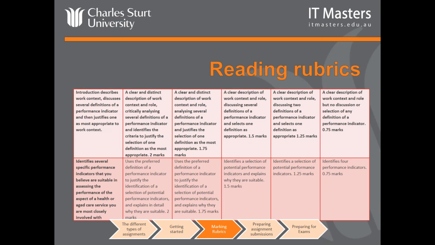So you'll often be given in assessments these rubrics, and I've just pulled up, this is just a basic rubric that I got from the internet. And you'll notice that the differentiation between the marks is not high. It's 0.25 of a mark between each section. And that means the differentiation between each level is not extreme.